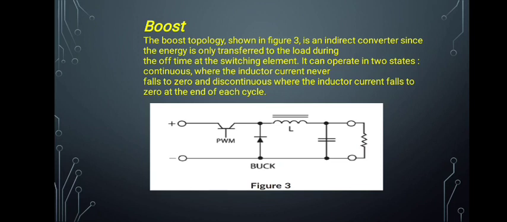The boost topology, shown in Figure 3, is an indirect converter since the energy is only transferred to the load during the off time of the switching element. It can operate in two states: continuous, where the current never falls to zero, and discontinuous, where the inductor current falls to zero at the end of each cycle.